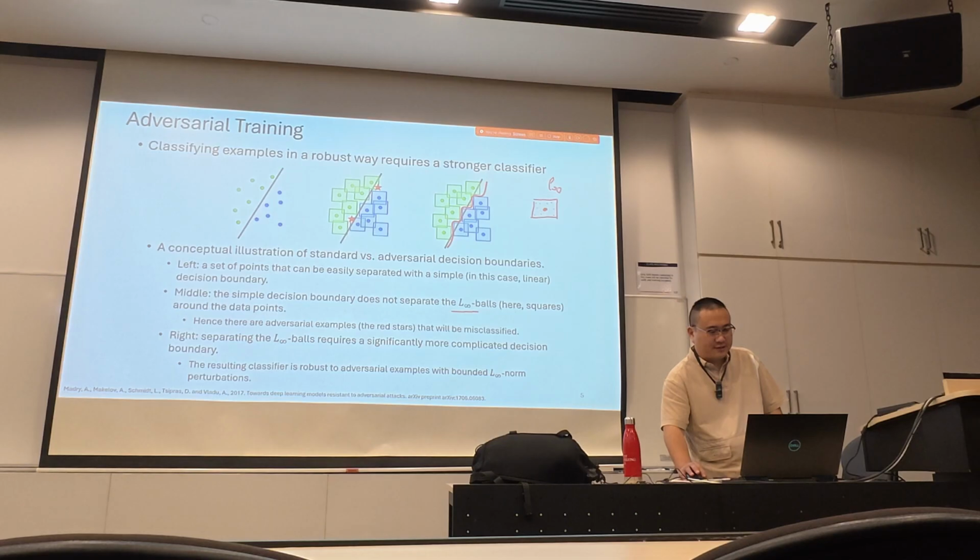And the question is, what about the L1 norm? What's the shape? Given a clean input, this is a node. If we are generating adversarial perturbations using the L1 norm, what does the shape look like in this space?